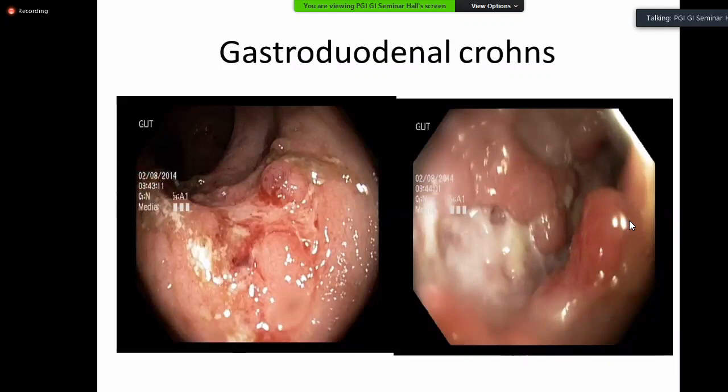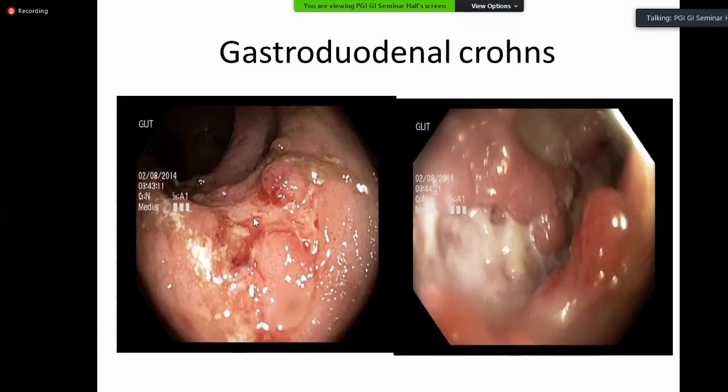Gastroduodenal Crohn's, again ulceration. There is no way to say that this is Crohn's disease, not tuberculosis, not some other ulcer, not malignancy. So such lesions have to be described as such: at the incisura, there is a large ulcerated area with polypoidal lesions around it.